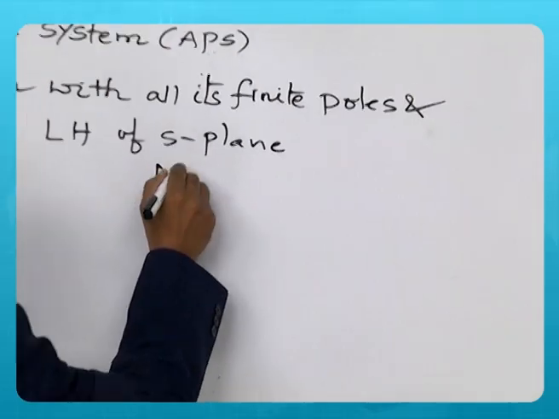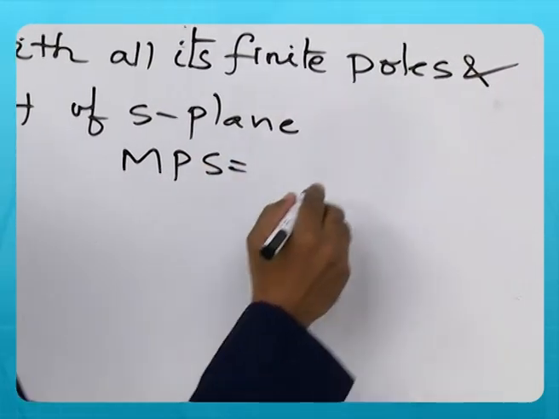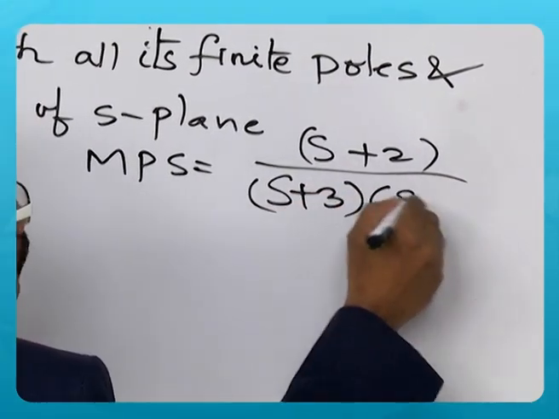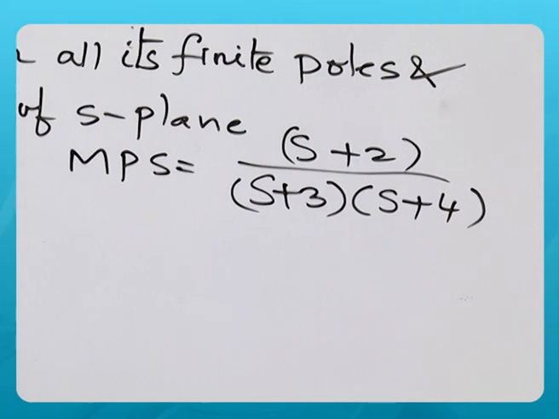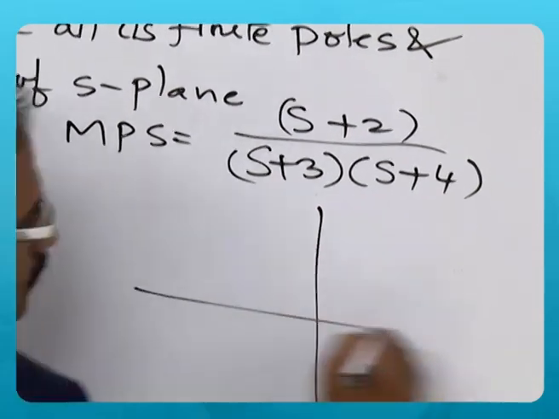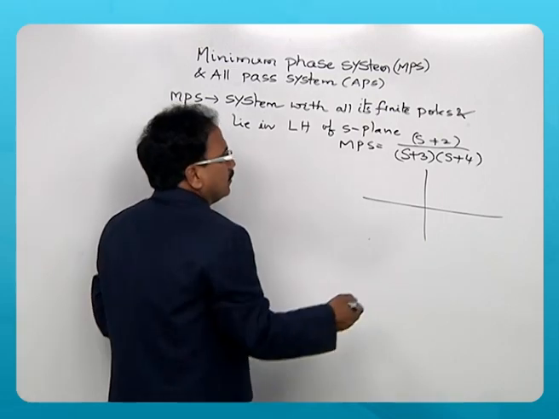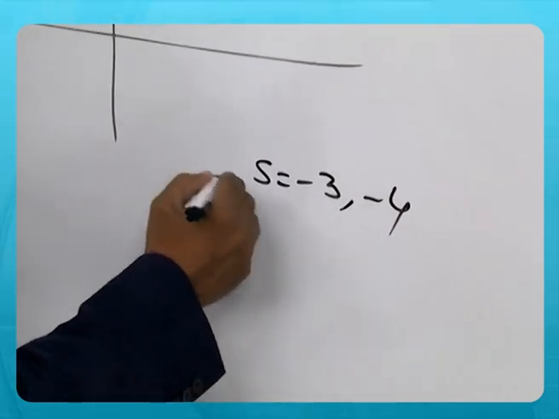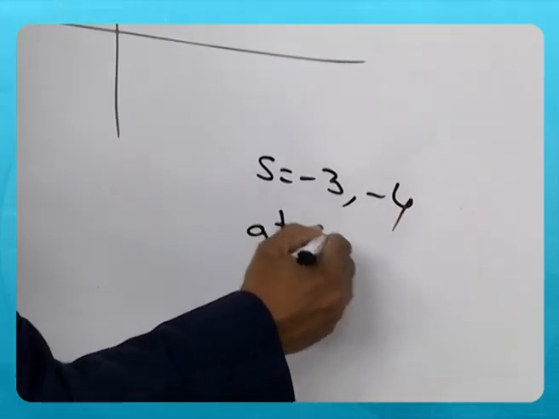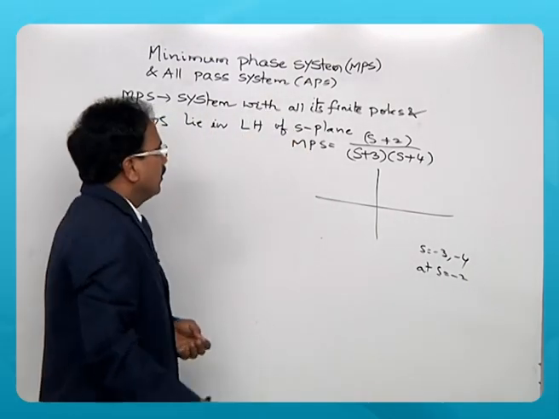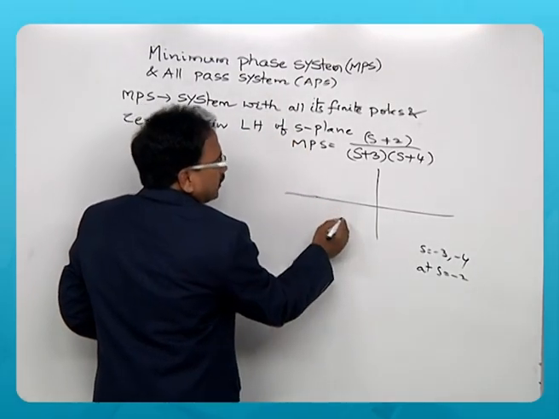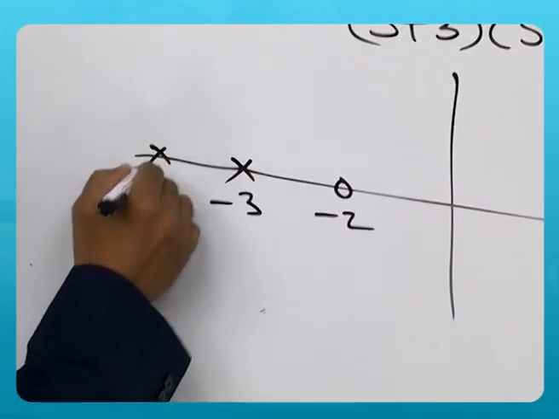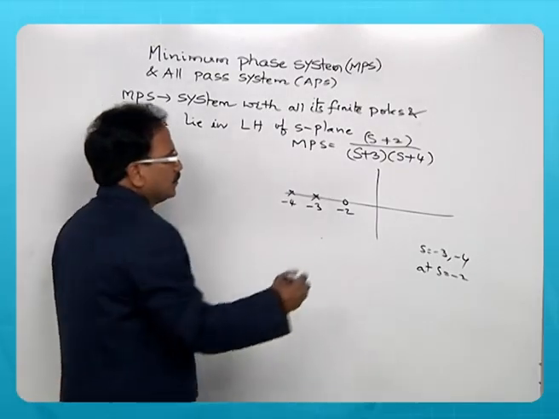For example, I can call MPS (s plus 2) divided by (s plus 3)(s plus 4). When you look at the system, it consists of two poles at s equal to minus 3 and minus 4, and the zero at s equal to minus 2. So when you locate them in the S-plane, the zero is at minus 2 and the poles are at minus 3 and minus 4.